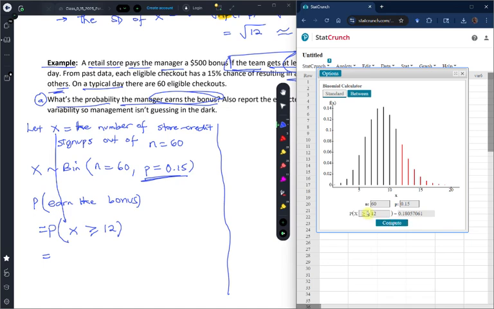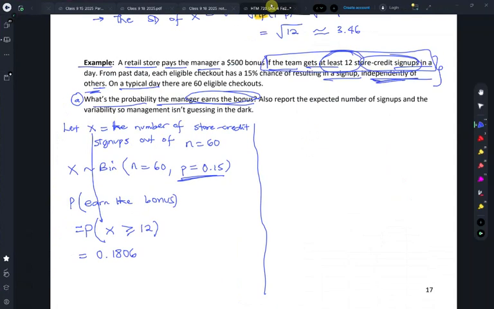At this point, do note that when you're dealing with a discrete distribution, greater than or equal to is not the same as greater than, which is why you have different options for this. All right, so you have 0.1806. With that said, let us look at the second part of the question.